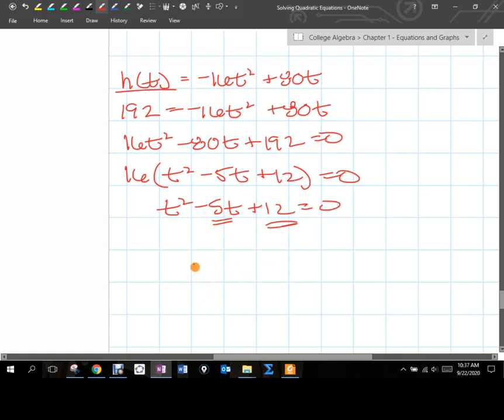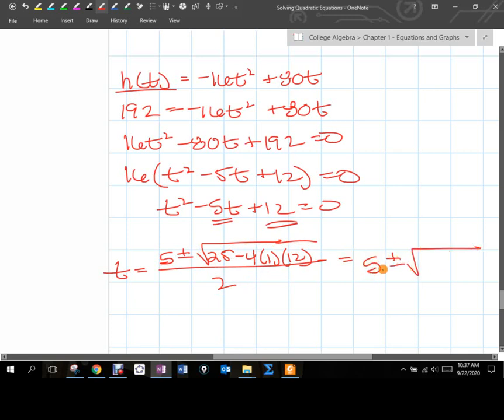And there are none. So what do we do? We turn to this: opposite of b, plus or minus the square root of b squared minus 4 times a times c, all over 2a. And now I get 5 plus or minus, 25 minus 48, right?